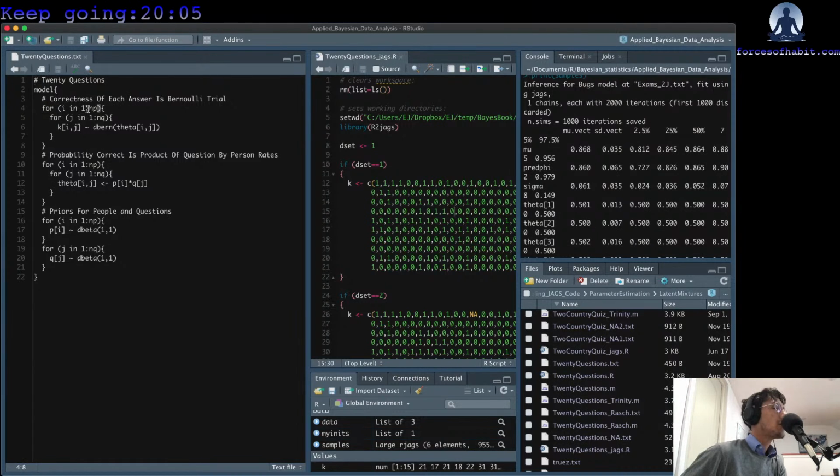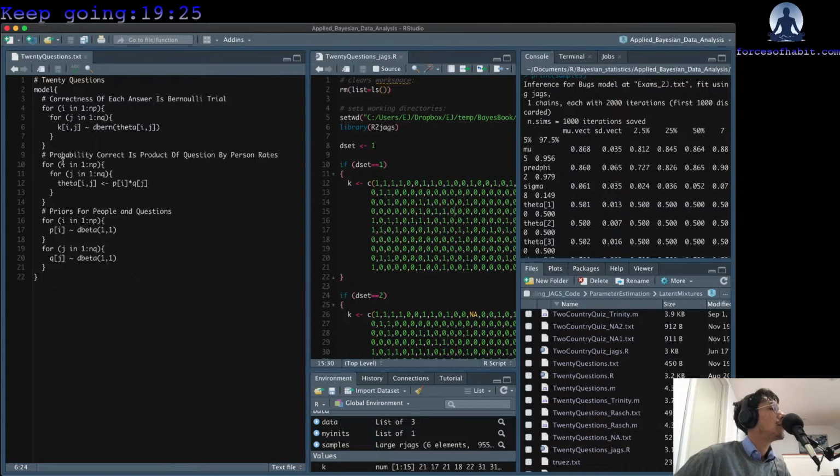For i, a person, 1 to number of people. For j, the number of questions. We have K, the success rate for a given person on a given question, a Bernoulli distribution of theta. So we're going to have theta for each of the people for each of the questions. So now we have probability correct as a product of question by person rates.